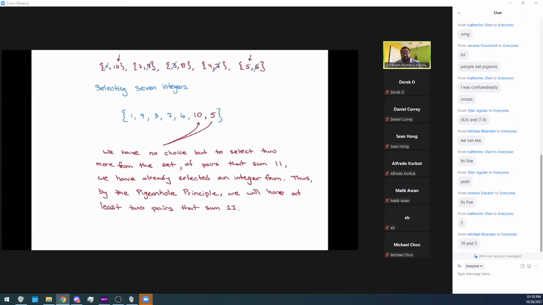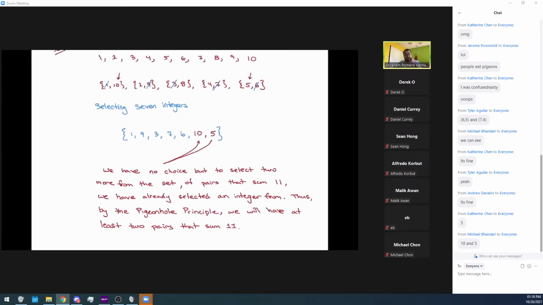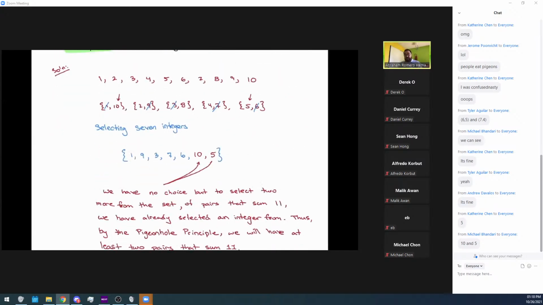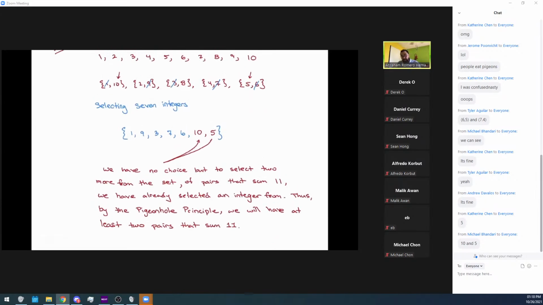And we're done. And that does make sense, because if these seven integers are picked at random, and I'm trying to make sure they don't sum up to 11 intentionally, then I'm going to pick one from each pair. But that's only 5, which means now I have to pick 2 more. Now I'm assuming no integers can be repeated.